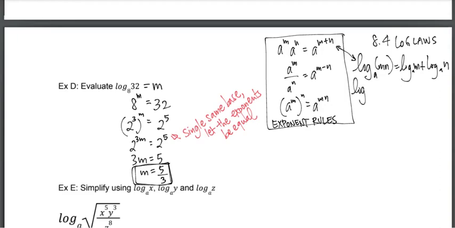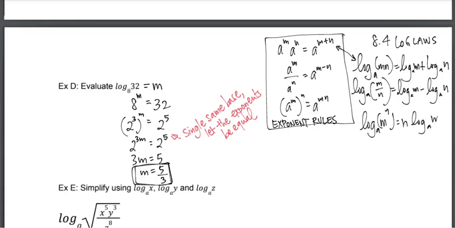Log base a of m over n is equal to log base a of m minus log base a of n. And the bunny hop out rule, log base a of m to the n is equal to n log base a of m.